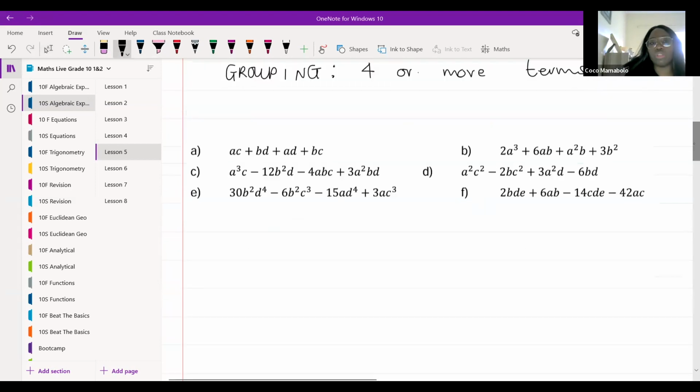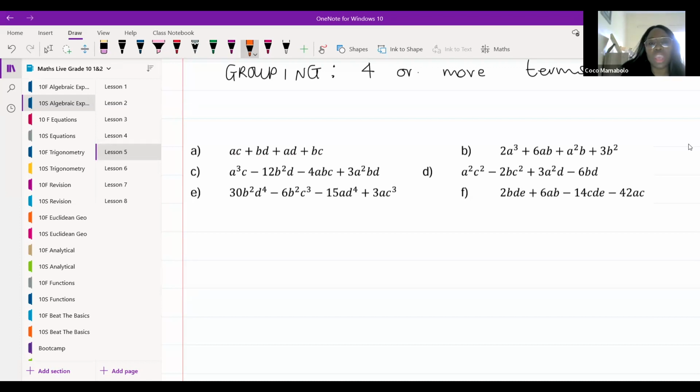I can notice over here that I've got 4 terms: 1, 2, 3, 4 terms. Now if I group, I need to make sure that I'm grouping in a way that the 2 terms actually have something in common.